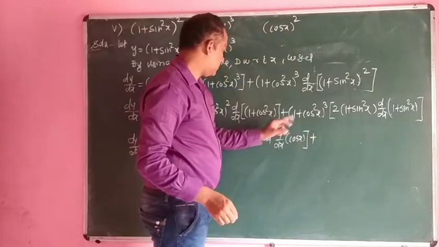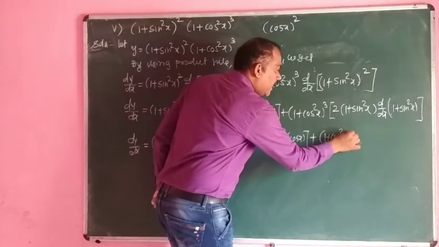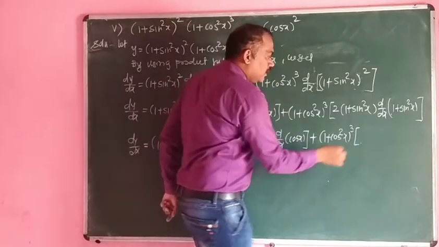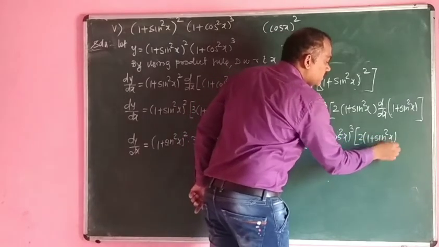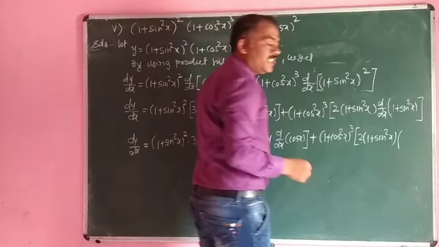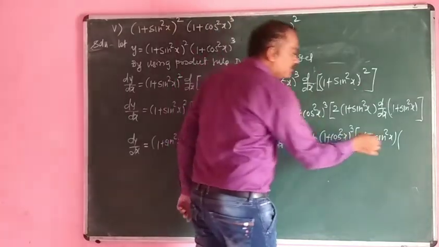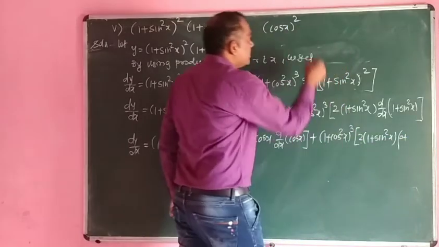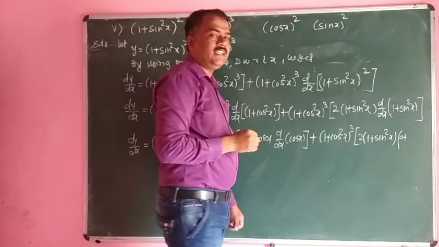plus the second one, that is [1 + cos²x]³ into 2 into [1 + sin²x]. One is a constant, so its derivative is 0, plus sin²x, write like this, [sin x]². Again treat it as a power function.